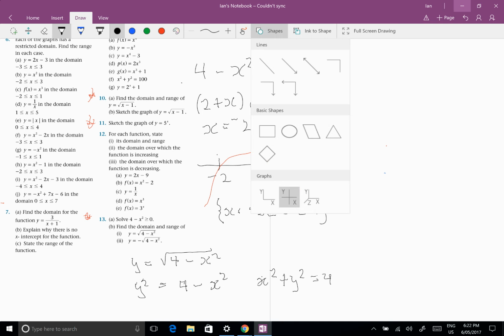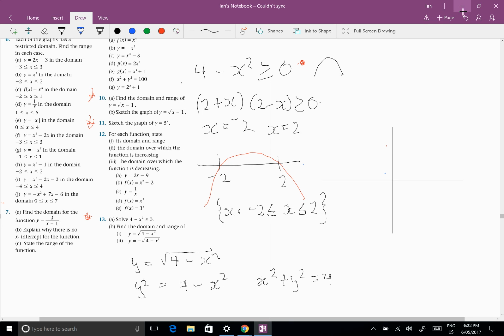And I go, your beauty, that is a circle, and it has center 0, 0 with a radius of 2.